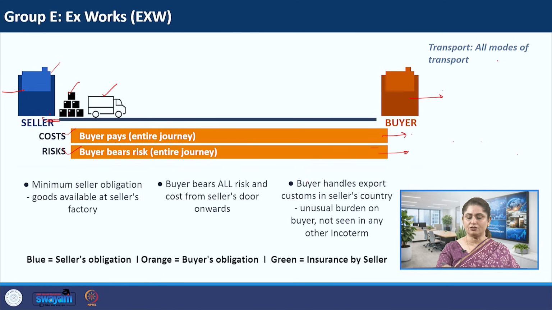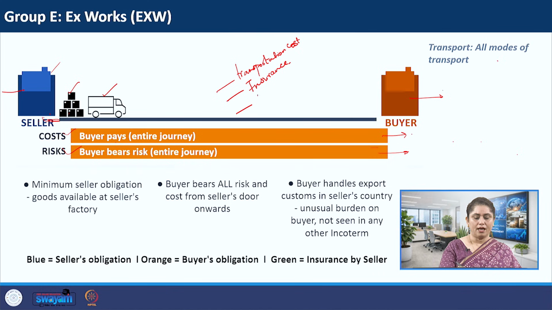So there is a transportation cost which the buyer has to bear. Fine. There is insurance cost, again the buyer has to bear. There is export and import clearance, which again the buyer has to do, right.